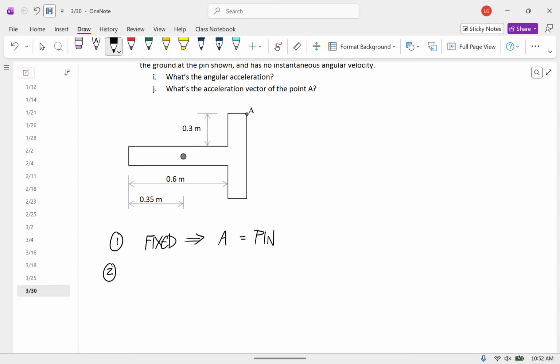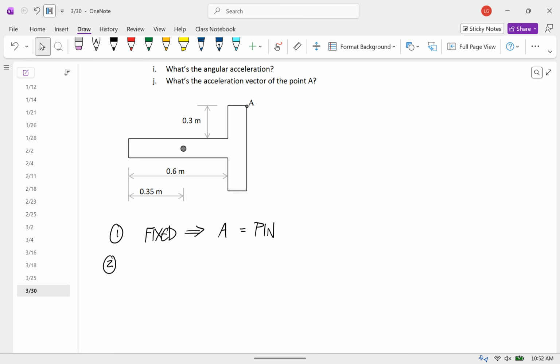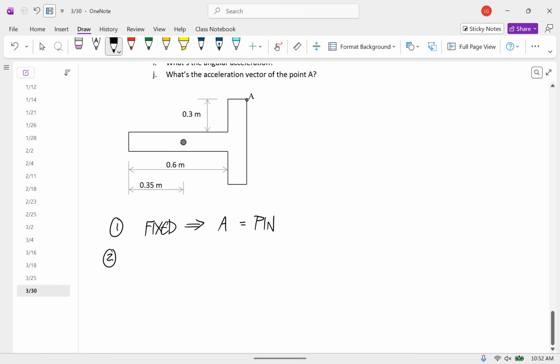We're also going to have to calculate the location of the center of mass, because that's where the weight force applies.